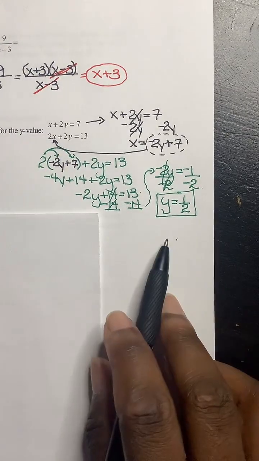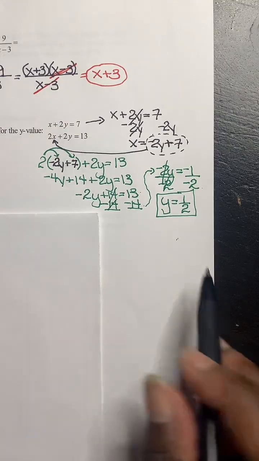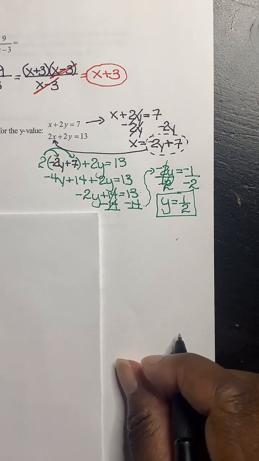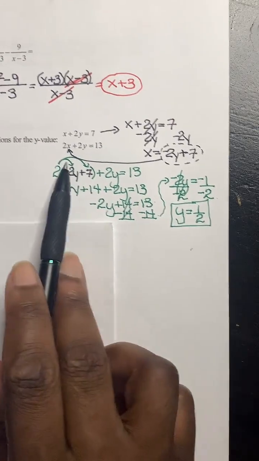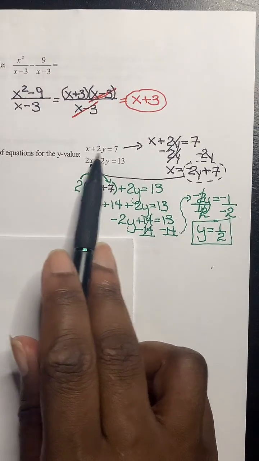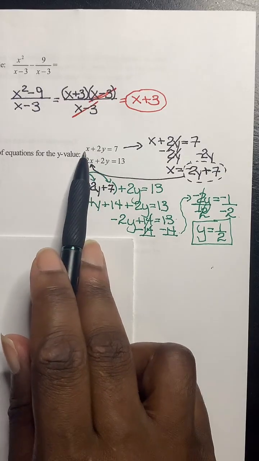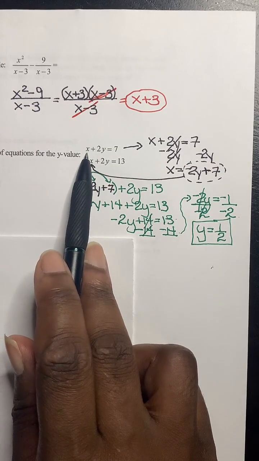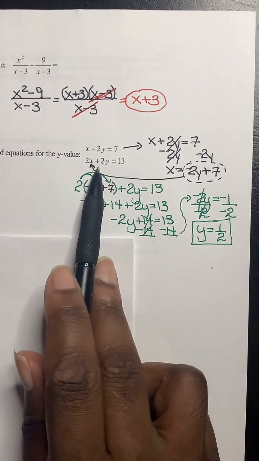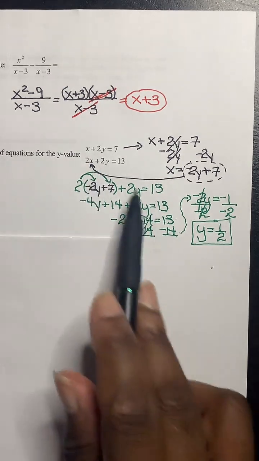Okay. So this is done by using substitution. So if you see one of your original variables not with a number next to it, you can solve it for that variable and then plug it into the other equation to solve.